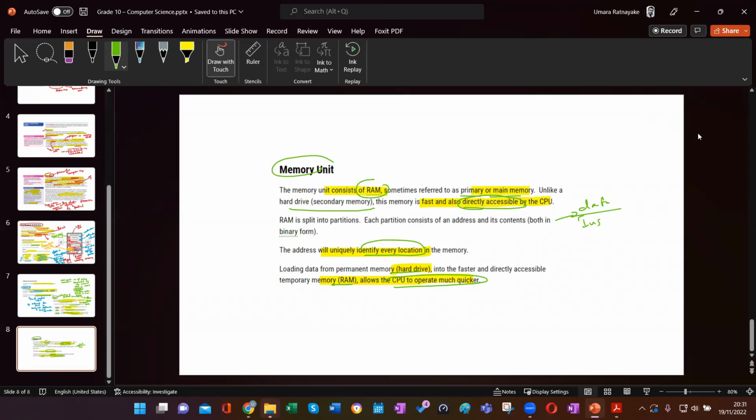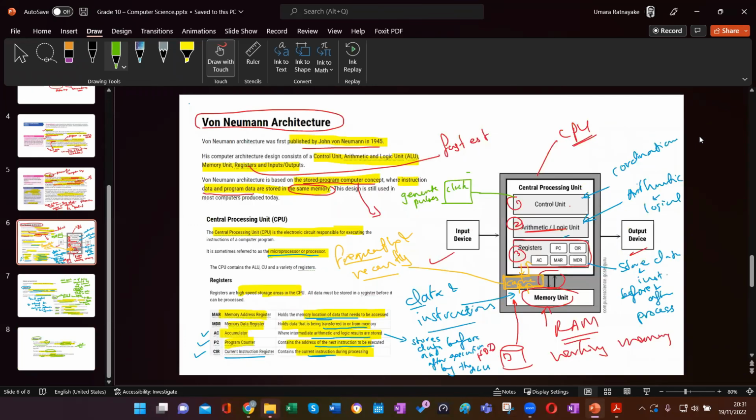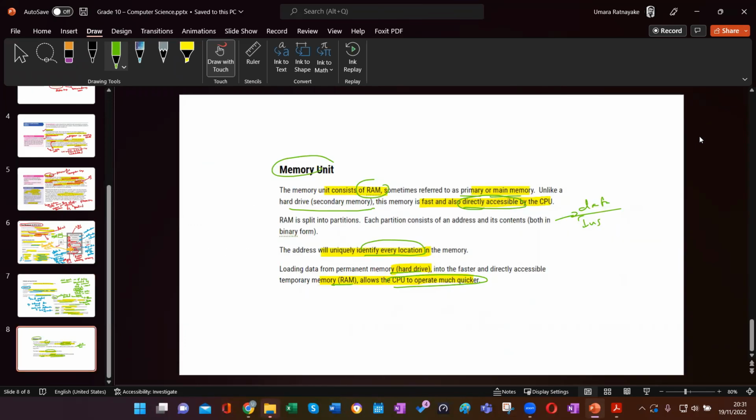We were struggling with the time, but luckily I think they have reduced the content that will be tested. Otherwise we were supposed to finish the hardware and software, the whole chapter, which is impossible. According to the scheme of work, we had to finish both, and you see now.